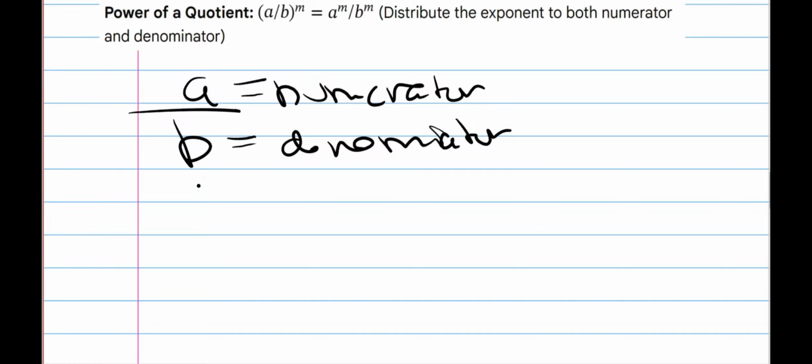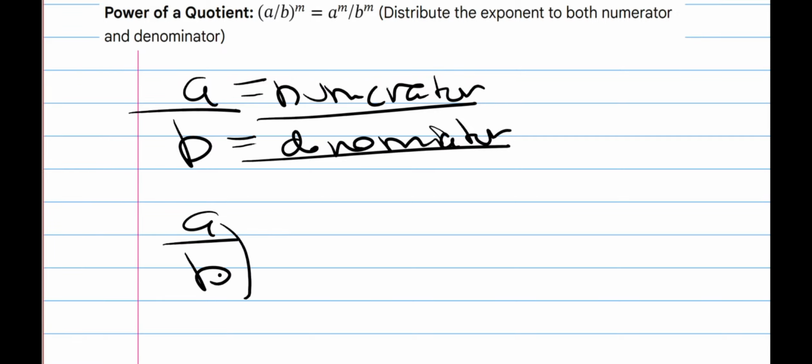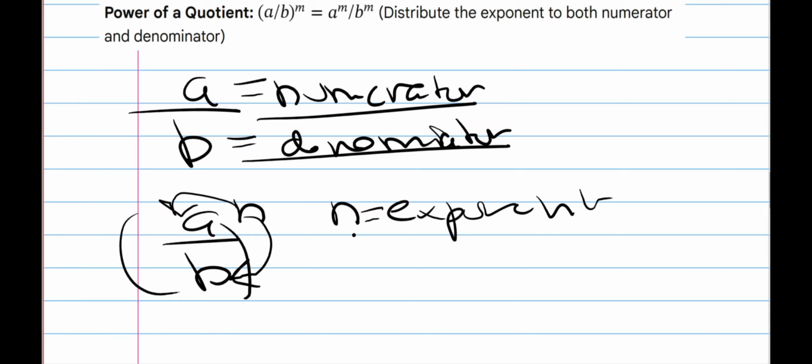The exponent will be distributed to both the numerator and denominator, where n is the exponent. So that would be a to the n over b to the n.